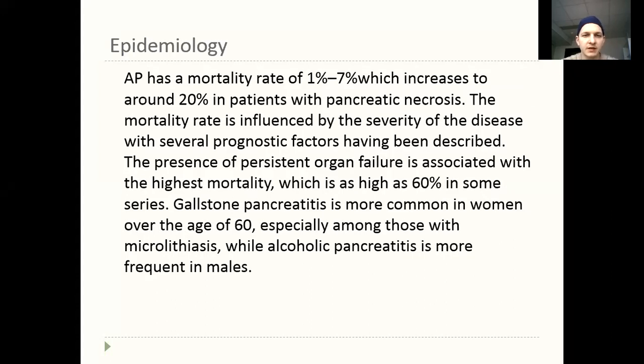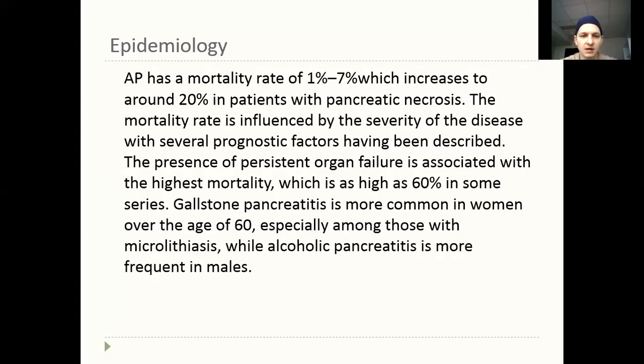AP has a mortality rate of 1% to 7%, which increases to around 20% in patients with pancreatic necrosis. The mortality rate is influenced by the severity of the disease, with several prognostic factors having been described.